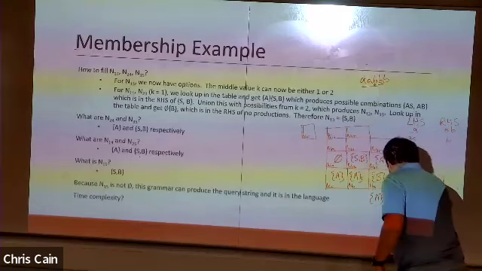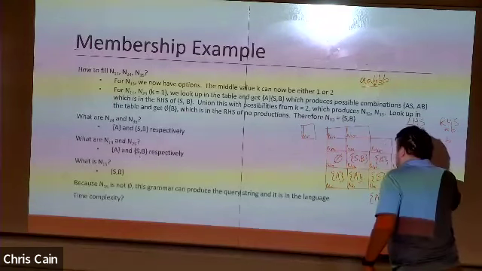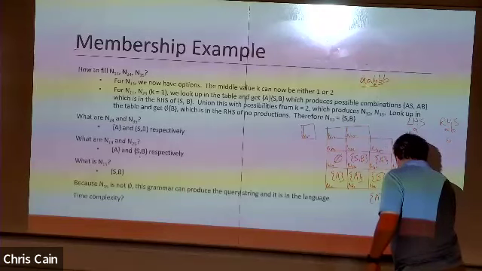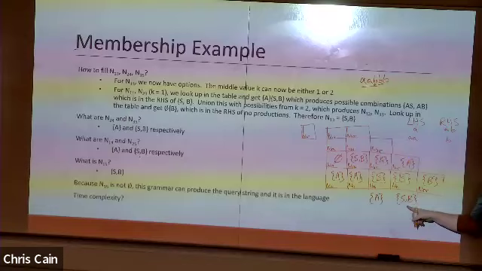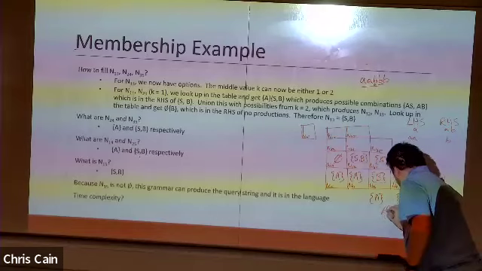So we're going to combine this with the set SB. So now we need to take an element from here and an element from here to be able to produce any possible right-hand sides we are looking for. So these options are either AS or AB.